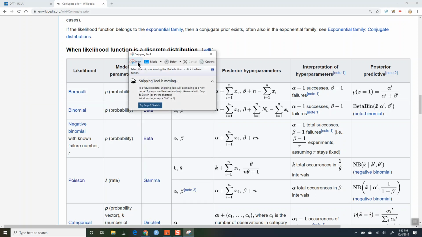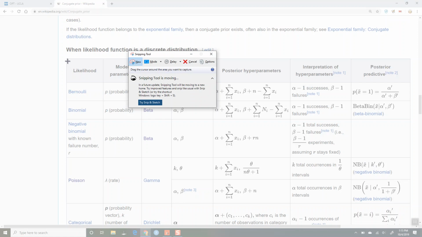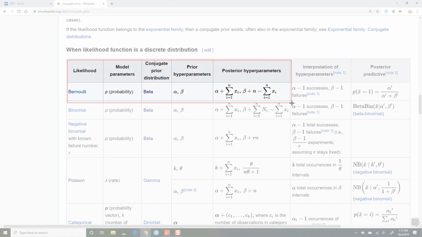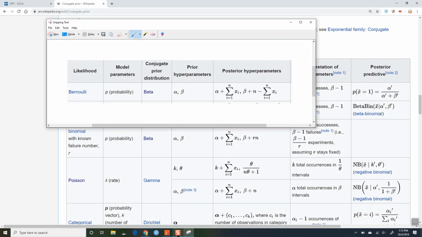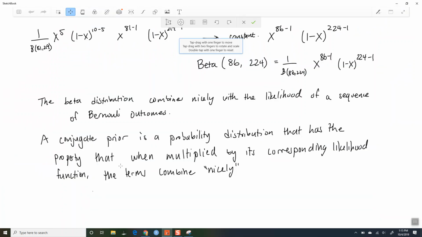Let me just go ahead and copy this into our notes.